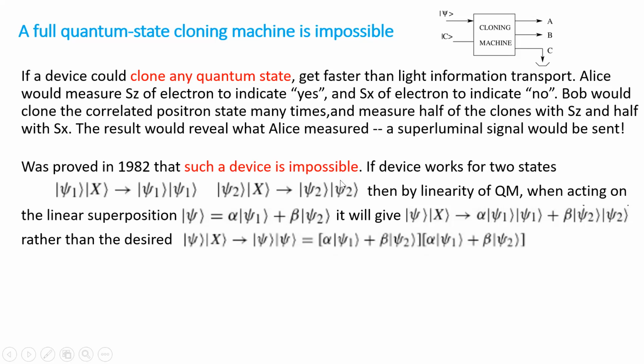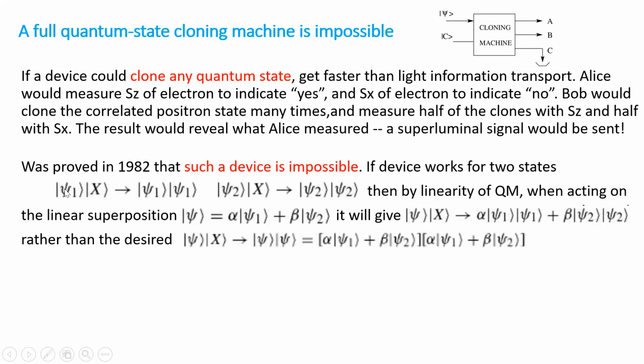If the device works for 2 states, so if it takes state psi1 and another particle of the same kind but in a different state, the device turns out the original state psi1 and a copy of psi1.